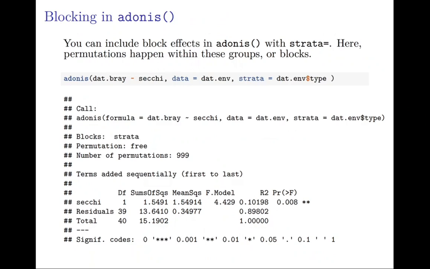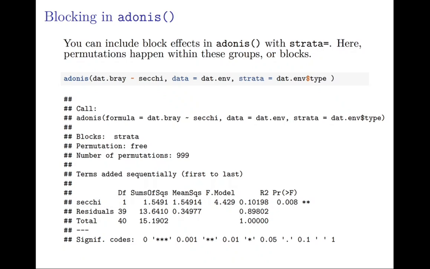And you may want to add a blocking factor. So you can include a block effect in your adonis with your strata equals. And so here permutations will happen within these groups or blocks. So permutations will happen, for example, within lakes and canals and all of the different types, because we're going to stratify by type here.